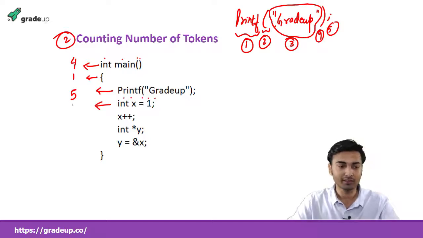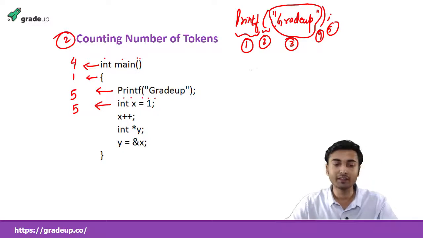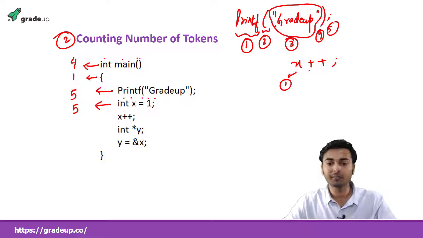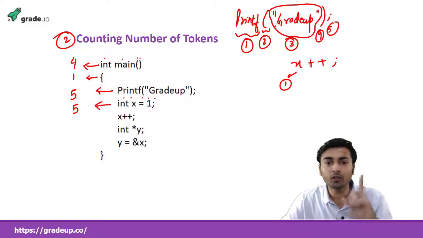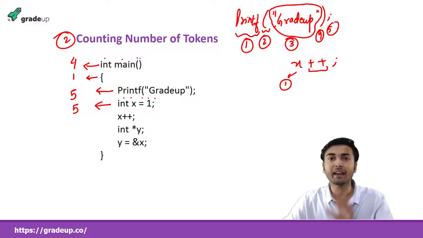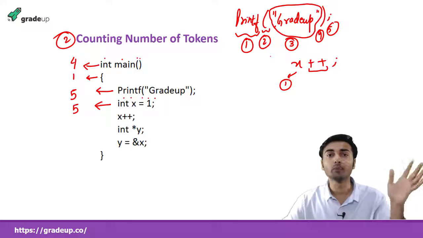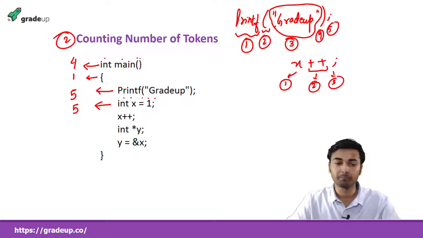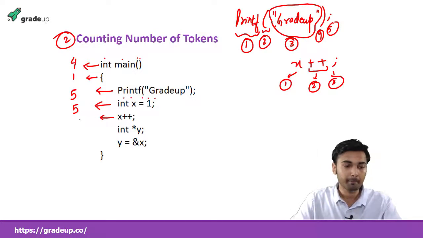Here 5 tokens, right? Now see this, x plus plus. So x is one token. Now plus, you can take plus as a single operator, but no. Plus plus is an increment operator, you know. So that's why it is counted as a single token. 1, 2 and 3. Here 3.